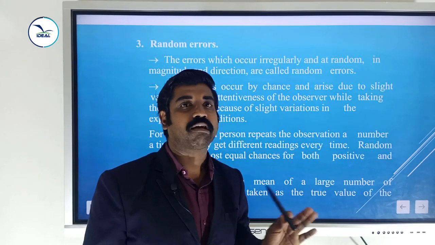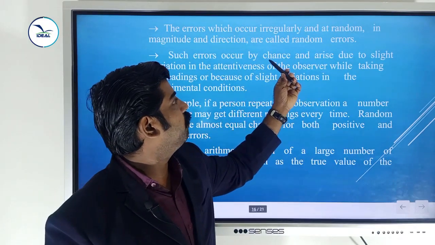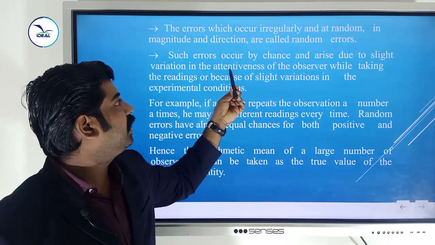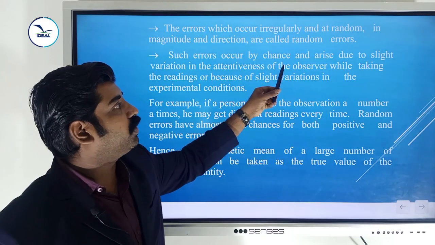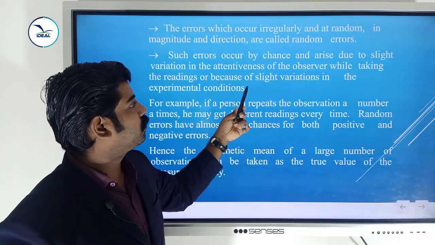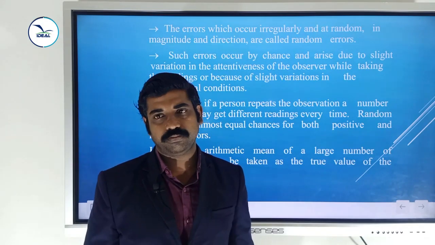Such errors occur by chance and arise due to slight variation in the attentiveness of the observer while taking the readings, or because of slight variation in the experimental conditions.